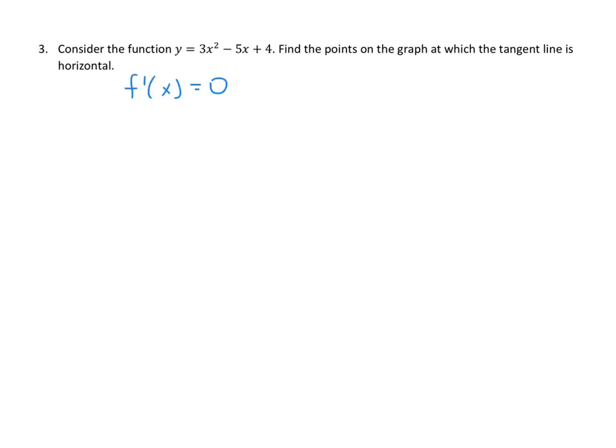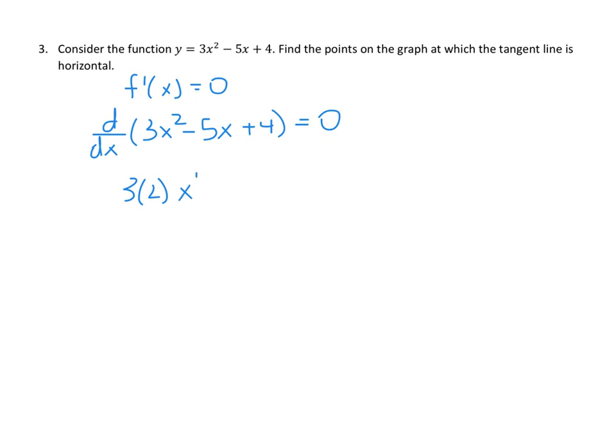So we want to know when the derivative of 3x squared minus 5x plus 4 is equal to 0. Let's take the derivative using the power rule and the sum-difference rule. The derivative of 3x squared: bring the 2 out in front, leaving the constant there, and subtract 1 from the exponent.